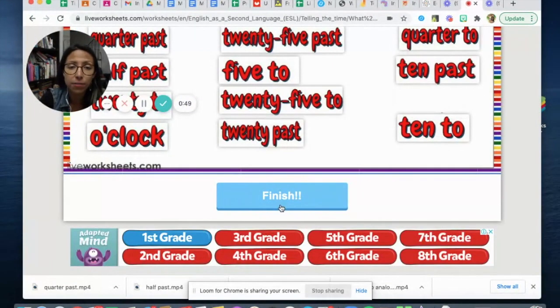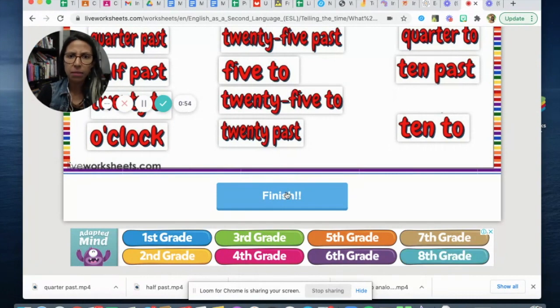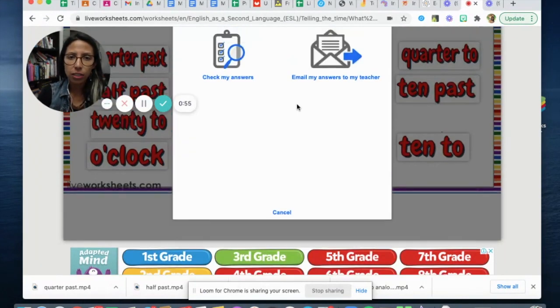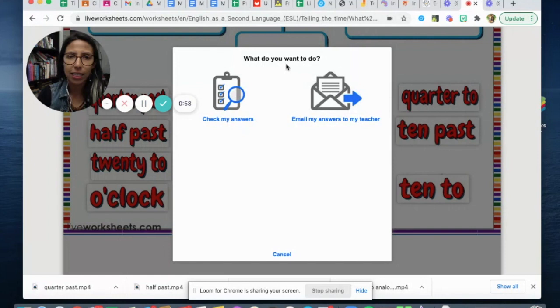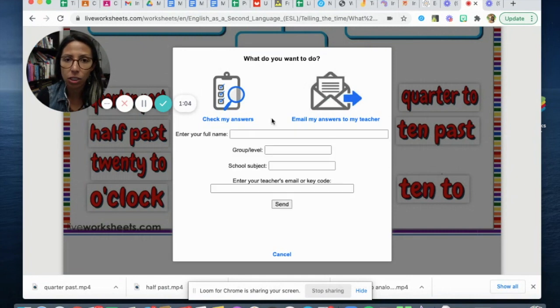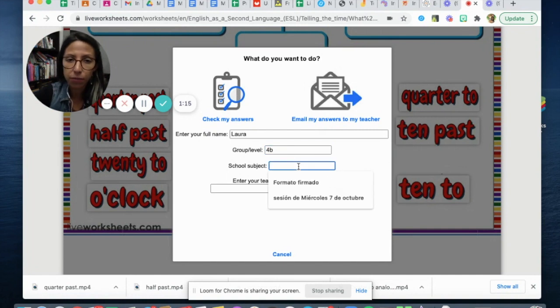And when you finish dragging all these names, click on finish, and you will have this screen that says, what do you want to do? Click on email my answers to my teacher. You're going to write your name, Laura, say, 4B, if you're in 4B, 4Y, if you're in 4Y.